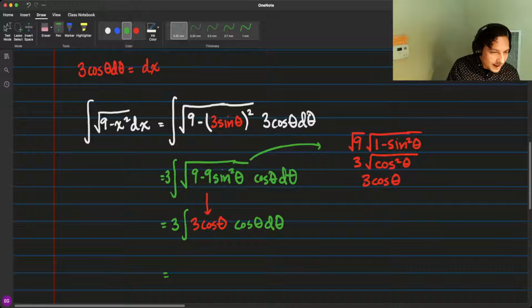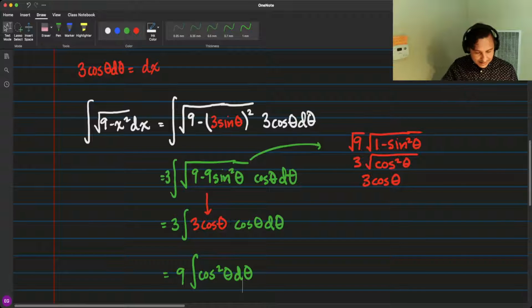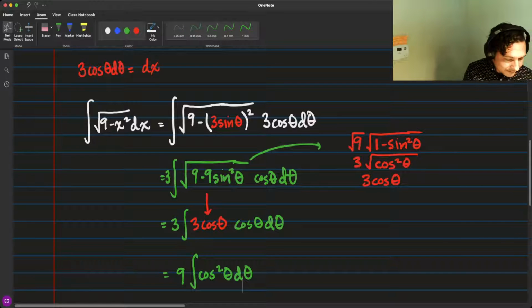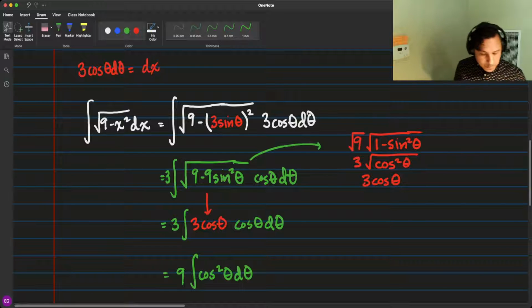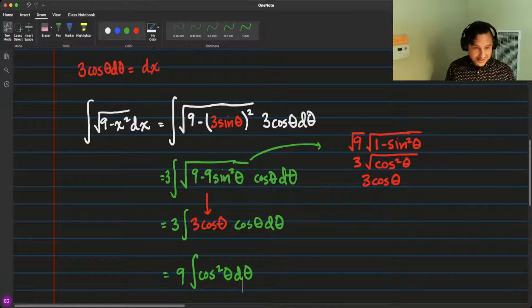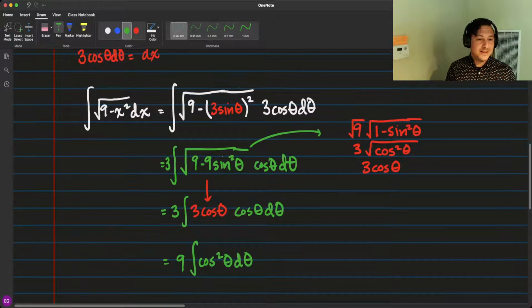You can take the other 3 out and you get 9 times the integral of cosine squared theta d theta. And then now we learned how to solve this last time. Right? Does that make sense?